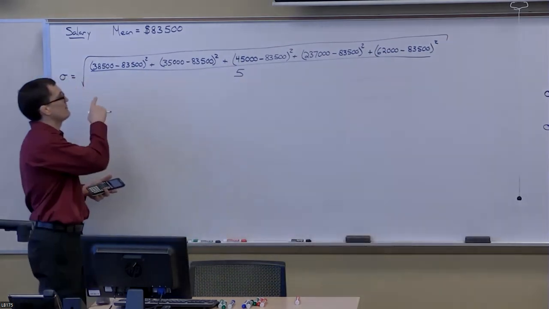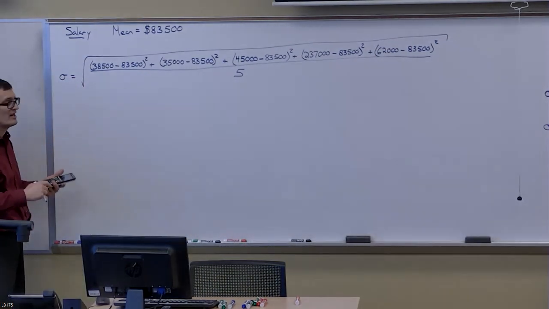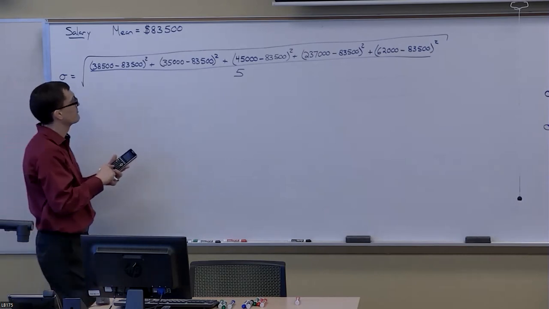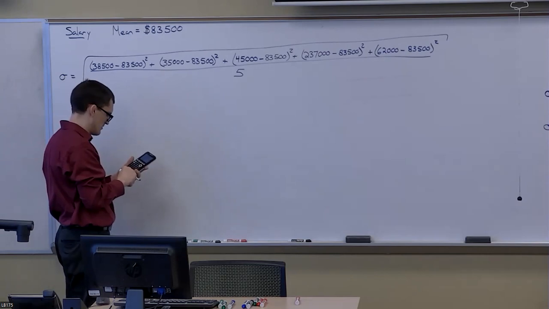Now I'm going to try to type this in accurately into my calculator. 38500. Plus, in parentheses, 35,000.